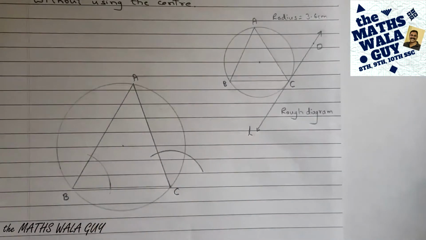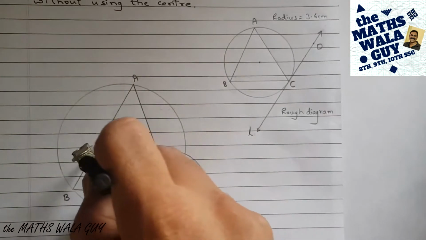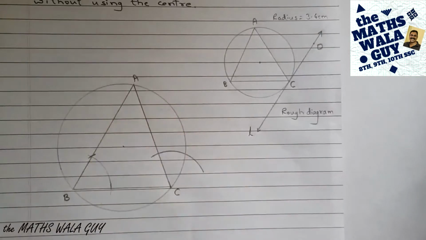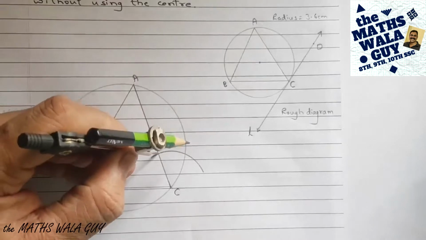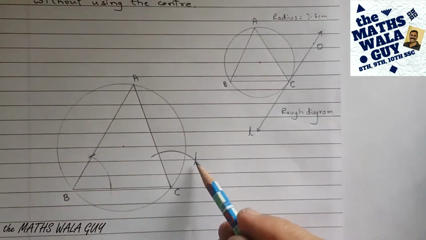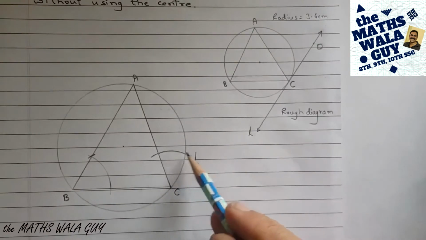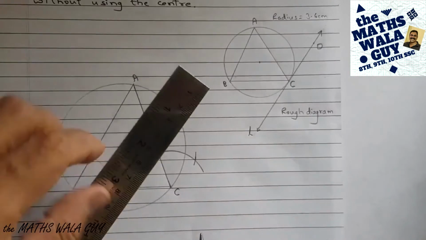I will then measure the arc which I have drawn here, and I'll cut the same measure on this arc. Now if I join these 2 points, I will get an angle which is congruent to angle ABC.